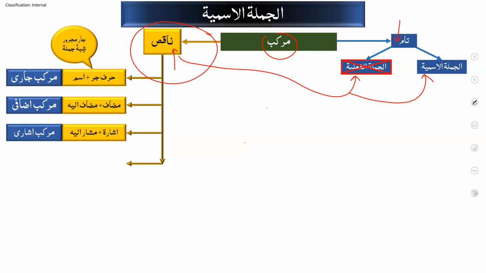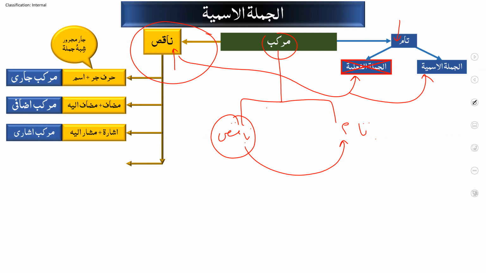I just divided it so that we can learn easily. Only if we bring that murakkab, it has only two: one is tam, one is naqis. Naqis is always used in tam. But we need to divide it to learn, so that was for learning purposes.